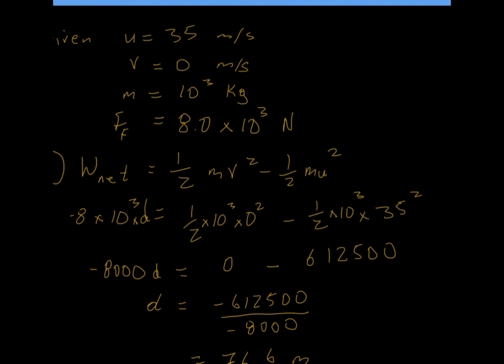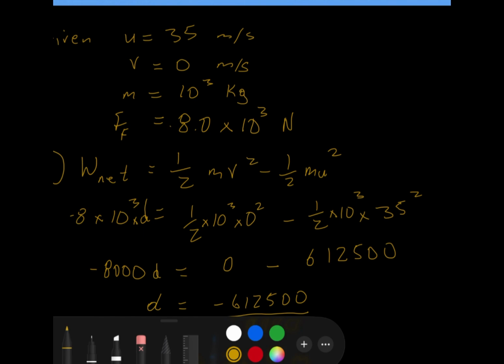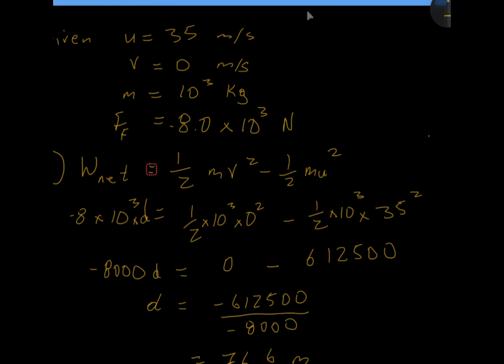Even though it's given as a positive, we know it's moving in a negative direction, so we can apply it there so that the answer that we get will be sensible.